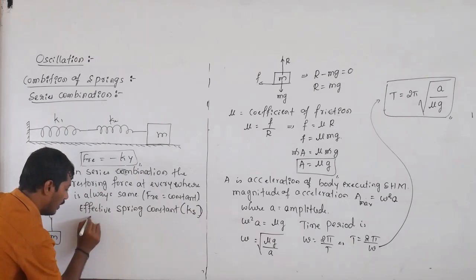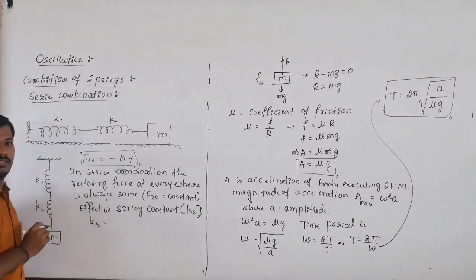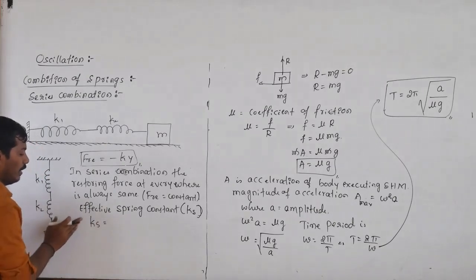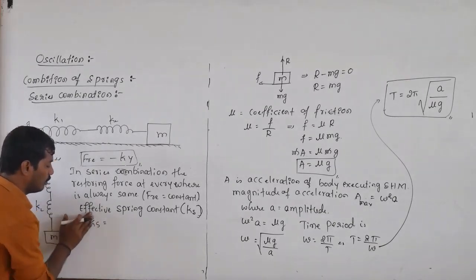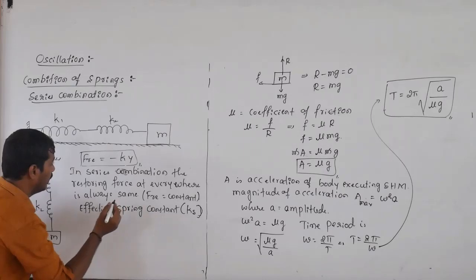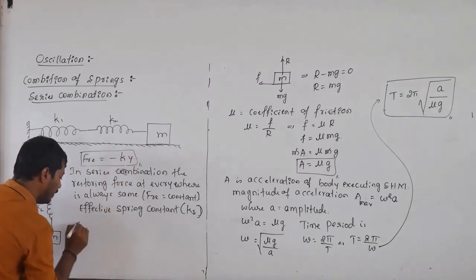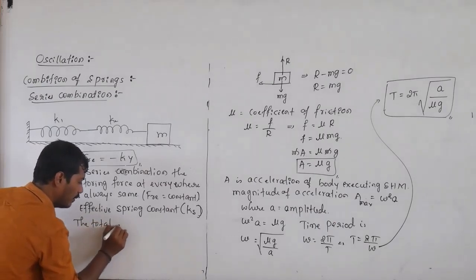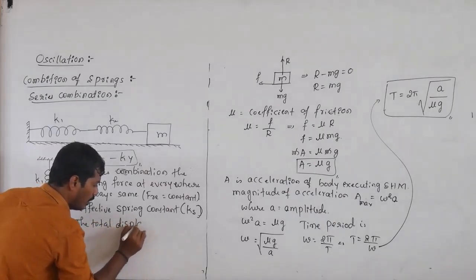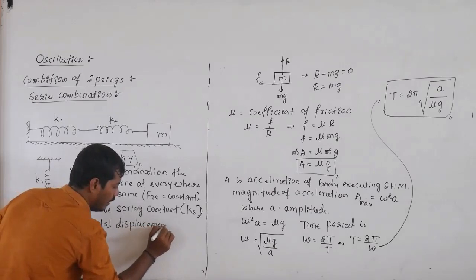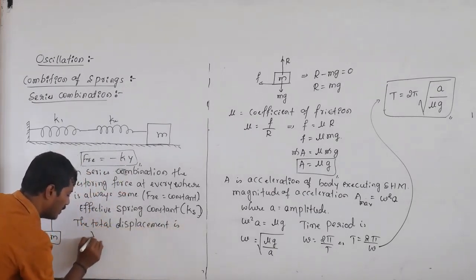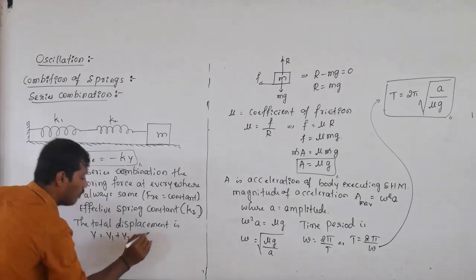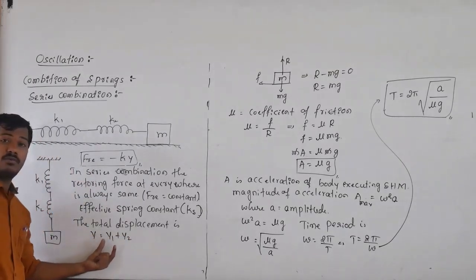Next, Ks is equal to what? We have to calculate Ks, the effective one. Then the effective displacement is the total displacement. Call it y, which is equal to y1 plus y2.